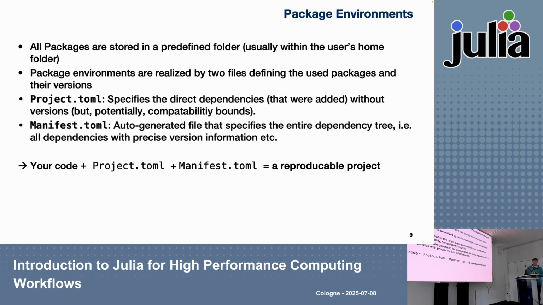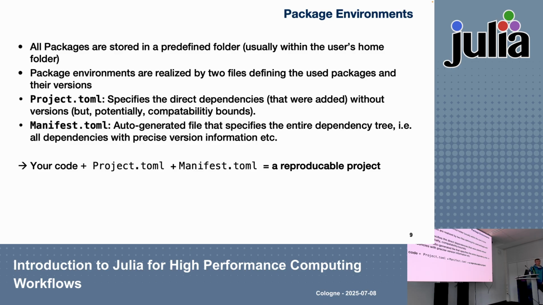Now the idea is that you have these two files, Project.toml and Manifest.toml, that define inside of your folder, inside of your project, which packages are used for your project.